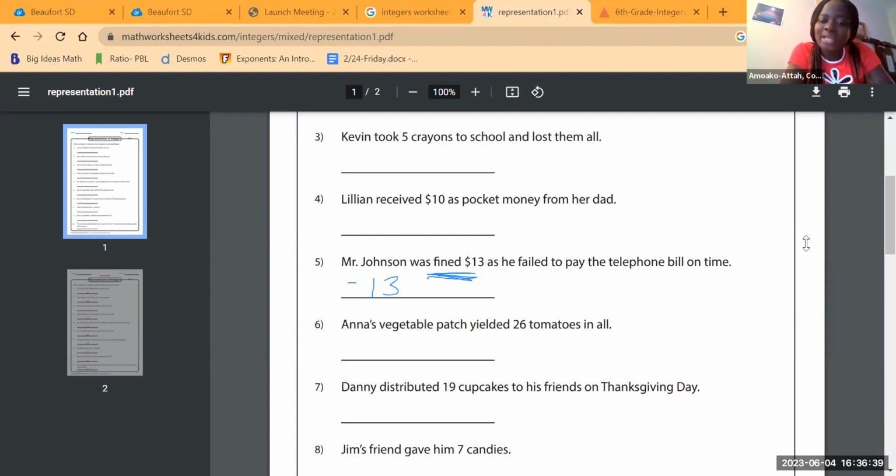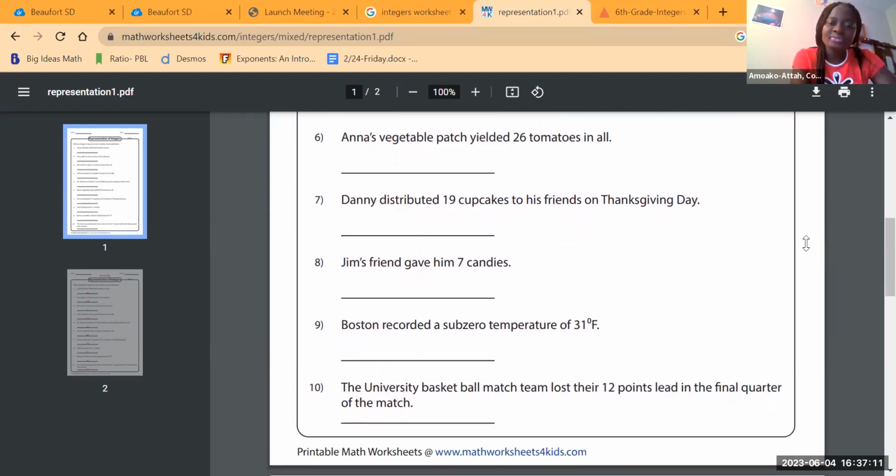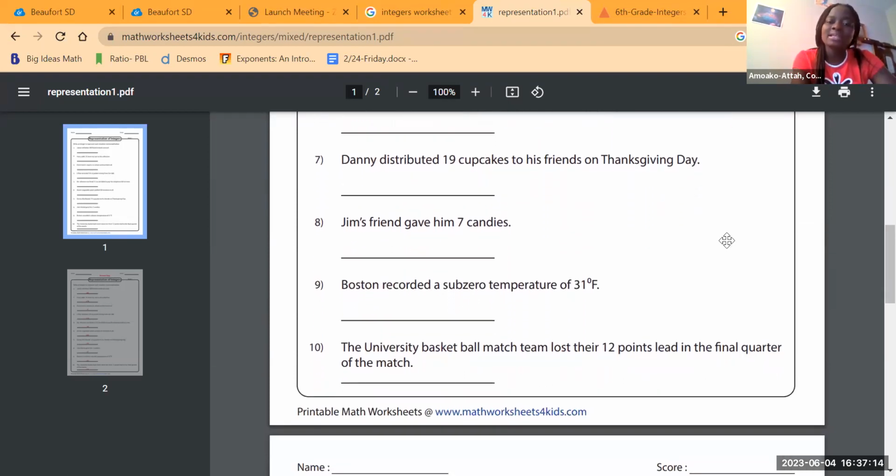Anna's vegetable patch yielded 26 tomatoes in all. It's yielded. So it means this is giving us plus 26. All right. Let's see number 7. Danny distributed 9 cupcakes to his friends on Thanksgiving.